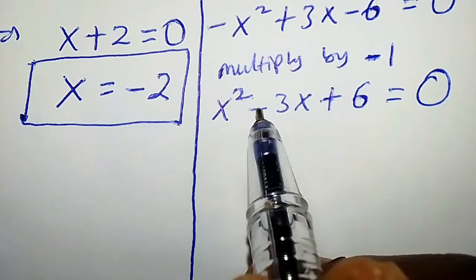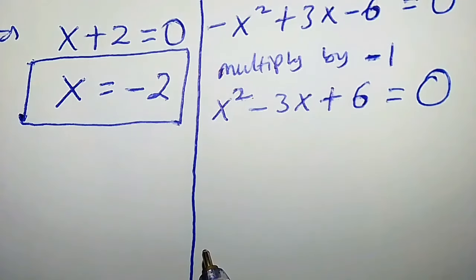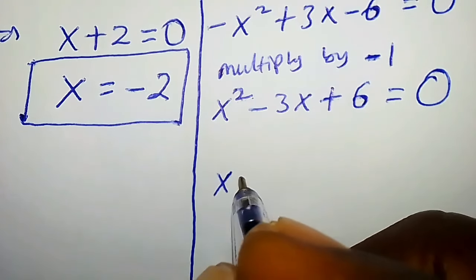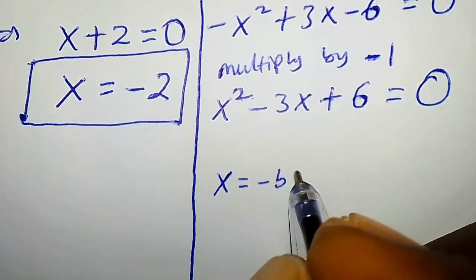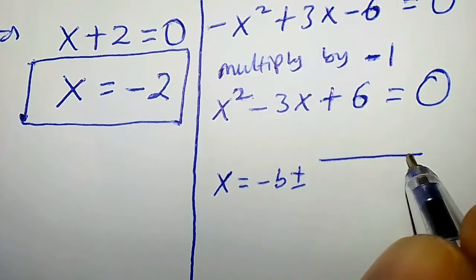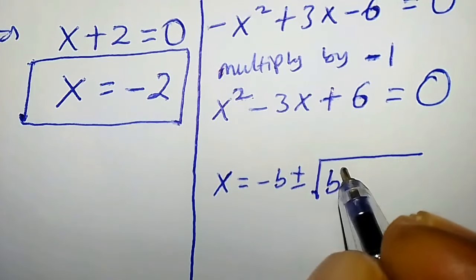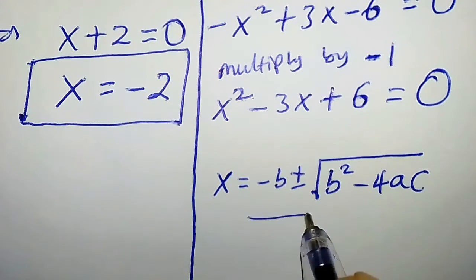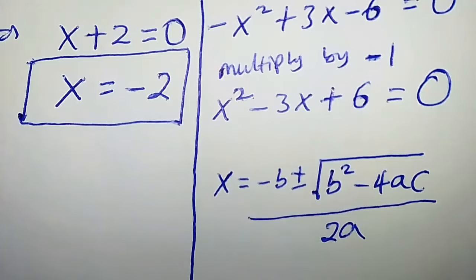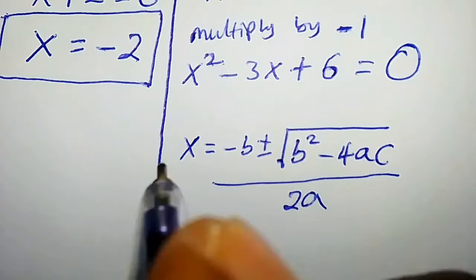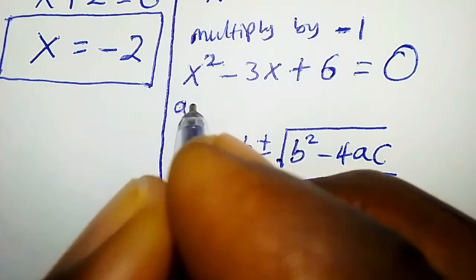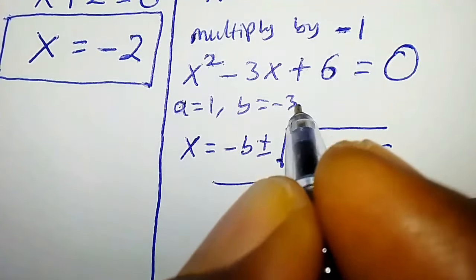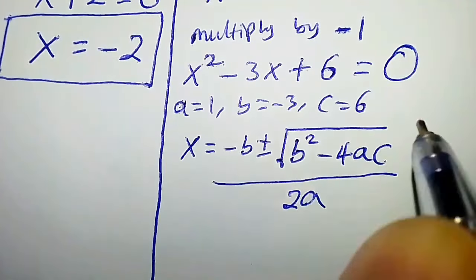This equation, we can solve it using the quadratic formula, which says x equal to minus b plus or minus the square root of b squared minus 4ac over 2a. From this equation, we know that our a is 1 and b is minus 3 and c is equal to 6.